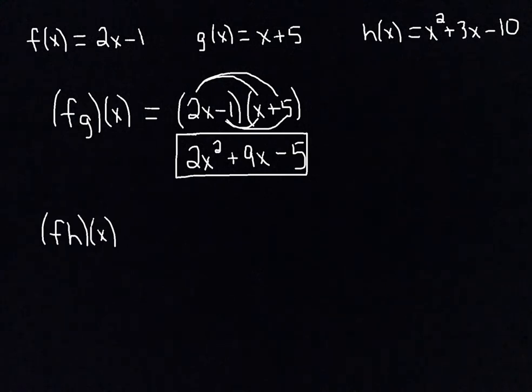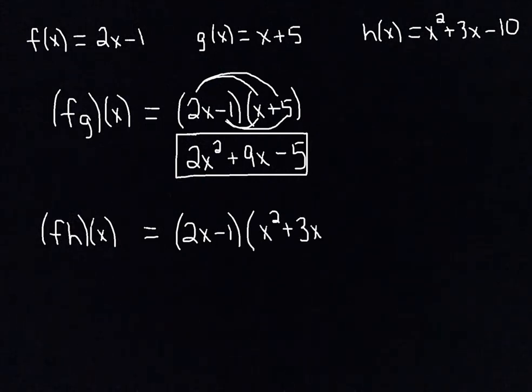Let's do another multiplication one. This time we have f times h of x, or f of x times h of x. So f of x is just 2x minus 1, and h of x is x squared plus 3x minus 10. So we got a binomial times a trinomial. So we need to distribute each part through.